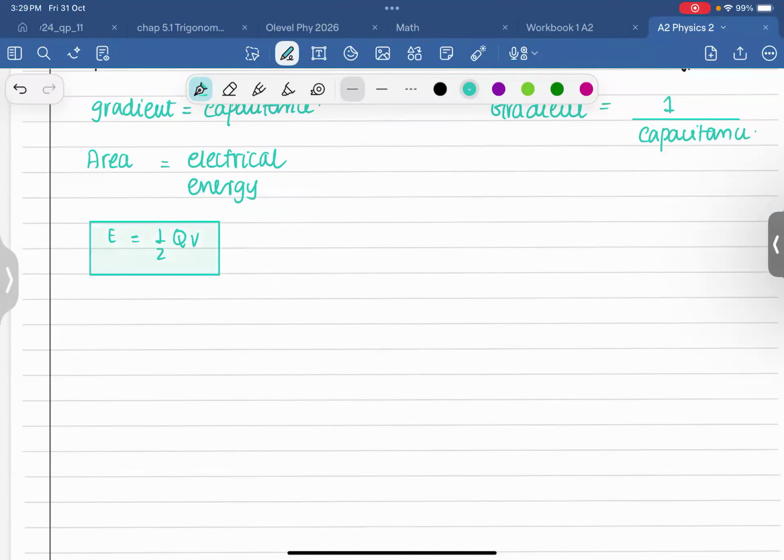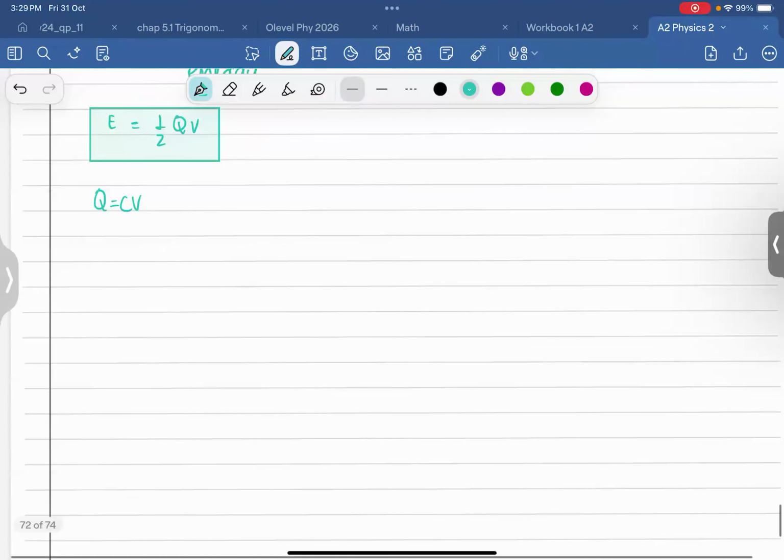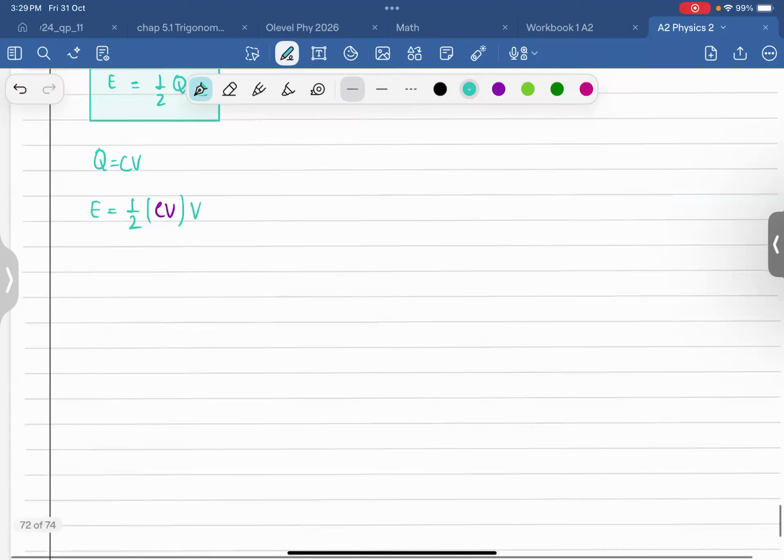Now you know that Q equals CV, so if we put Q into its value, in place of Q, if I put CV, we get E equals half CV squared.